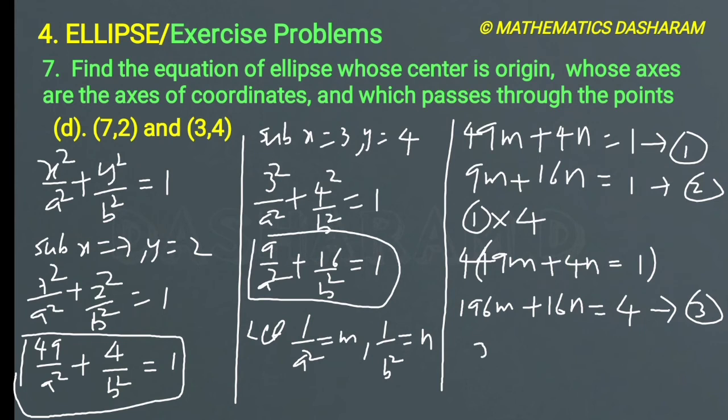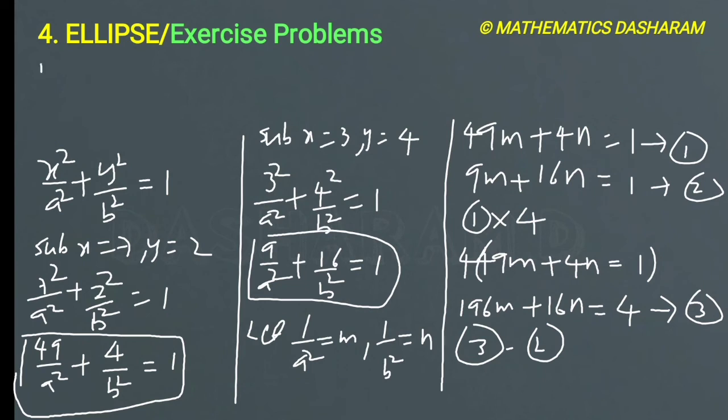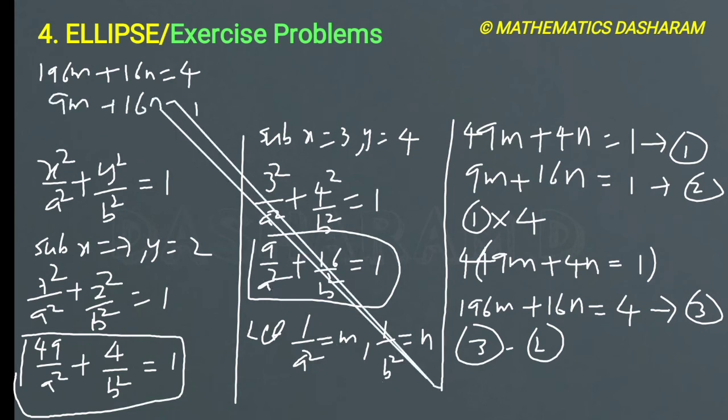Now equation 3 minus equation 2. Equation 3 is 196m plus 16n equals 4, and equation 2 is 9m plus 16n equals 1.